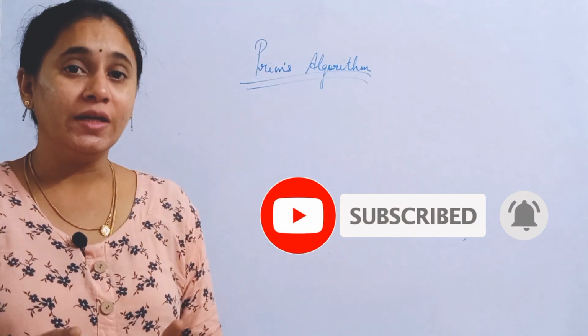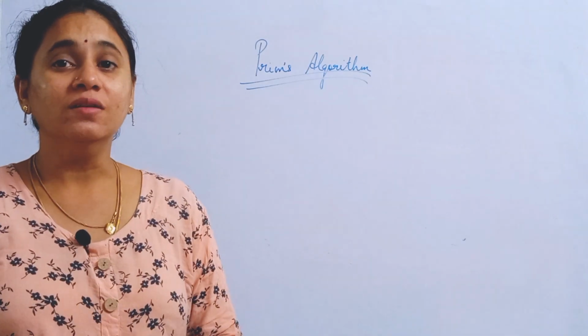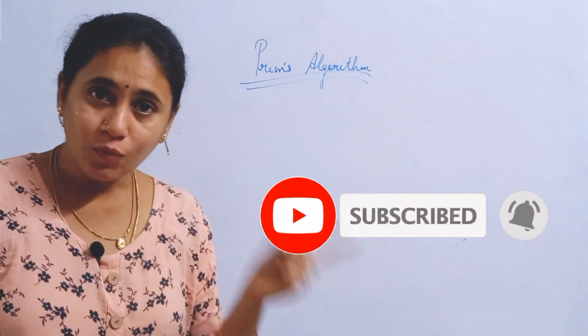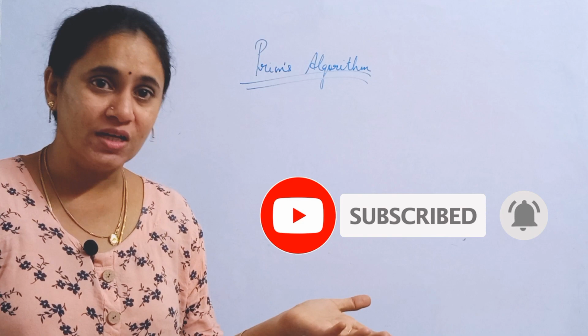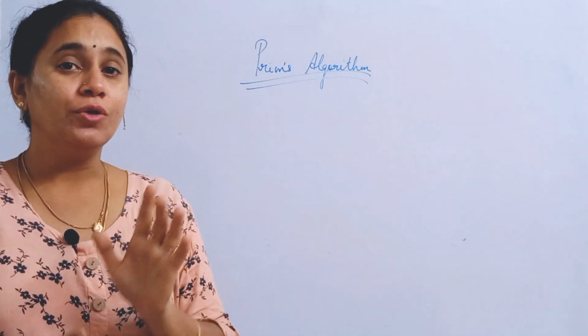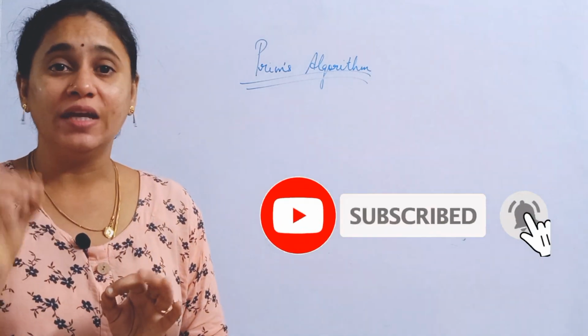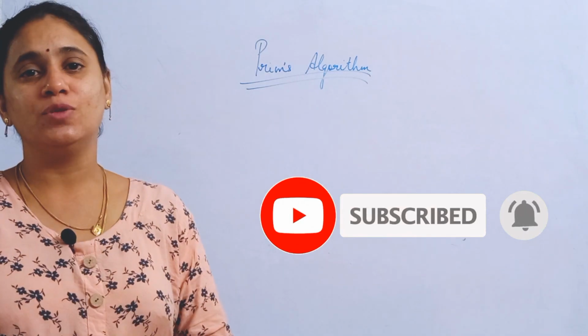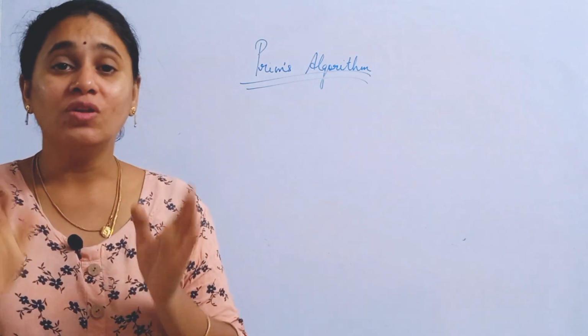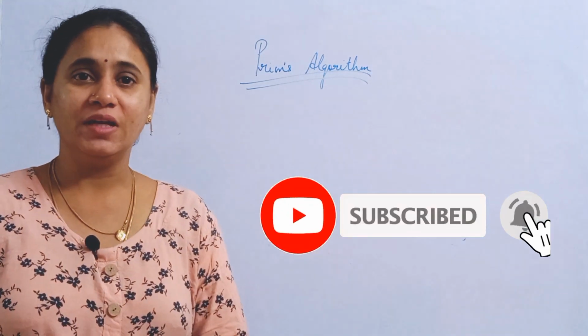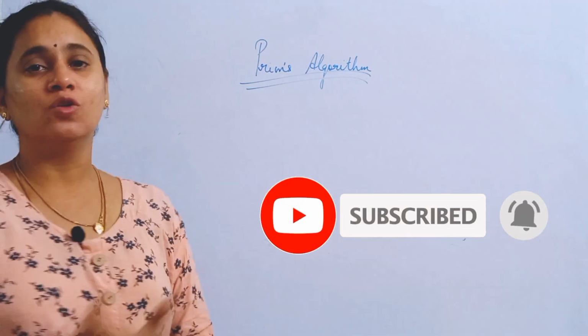Please keep that in mind. Another point is the same as Kruskal's: we select the edge in such a way that no loop is formed. These are the things we follow in implementing Prim's algorithm.